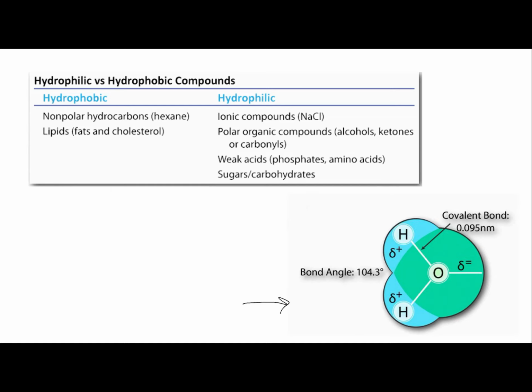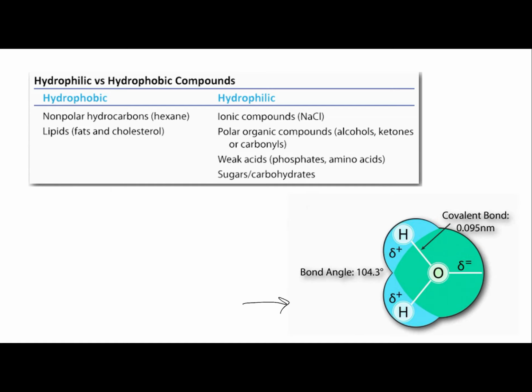So we use the term hydrophilic to describe substances that interact well with water and dissolve in water, and the term hydrophobic to refer to materials that are nonpolar and do not dissolve in water. And so in this table here, hydrophilic versus hydrophobic, you can see a couple of the representatives of these substances.